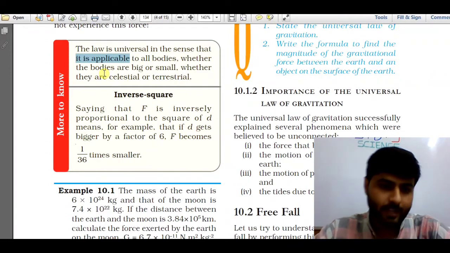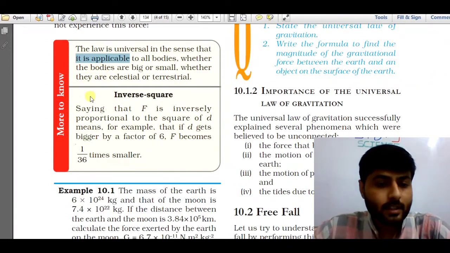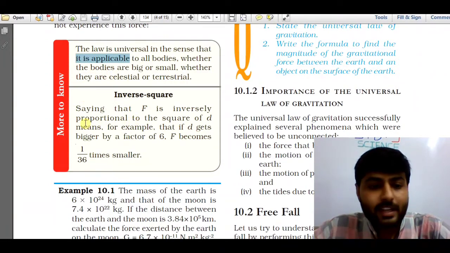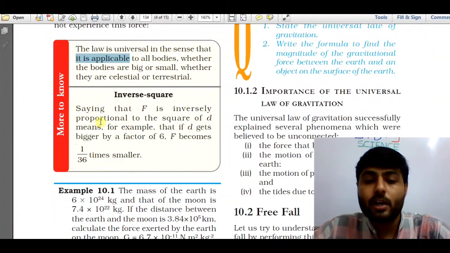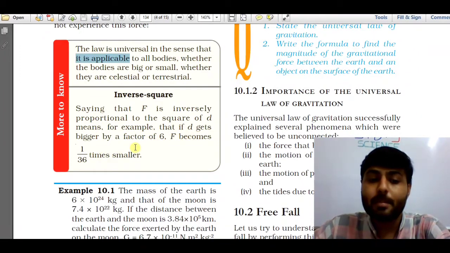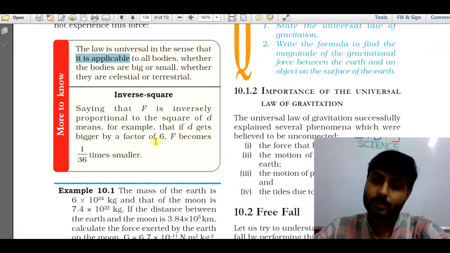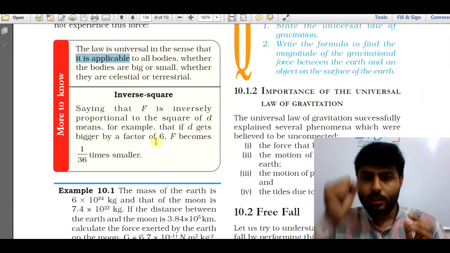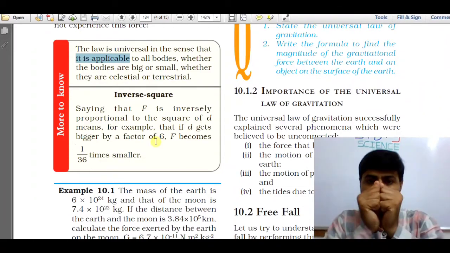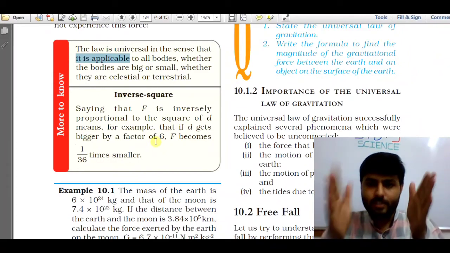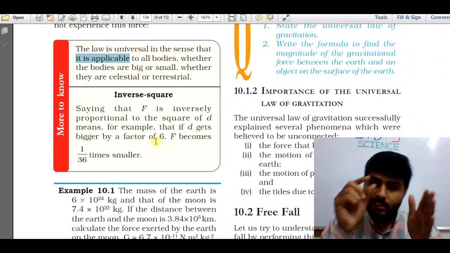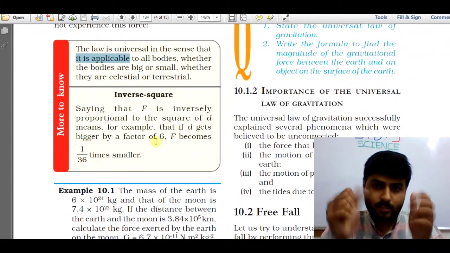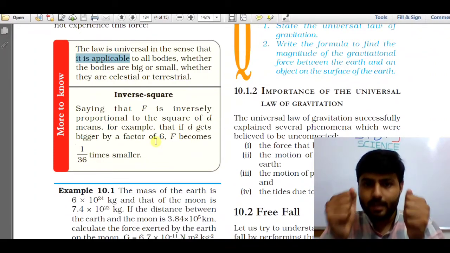So what is the meaning? Let's see. It says that F is inversely proportional to the square of d. For example, d gets bigger by a factor of 6, which means if at this time you and your friend are 1 meter from each other, there is a certain value of gravitational force between you and your friend.